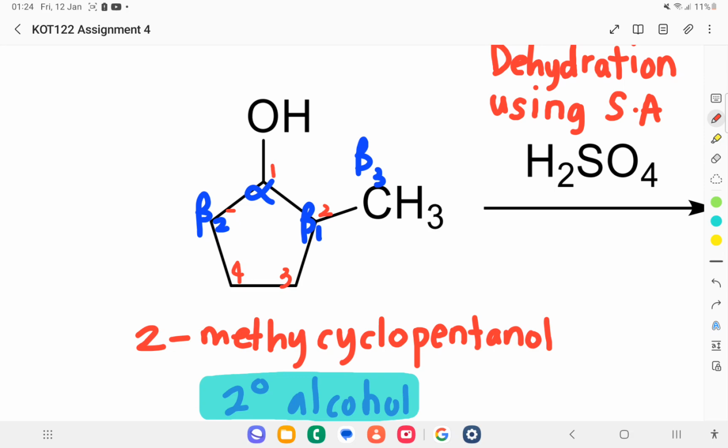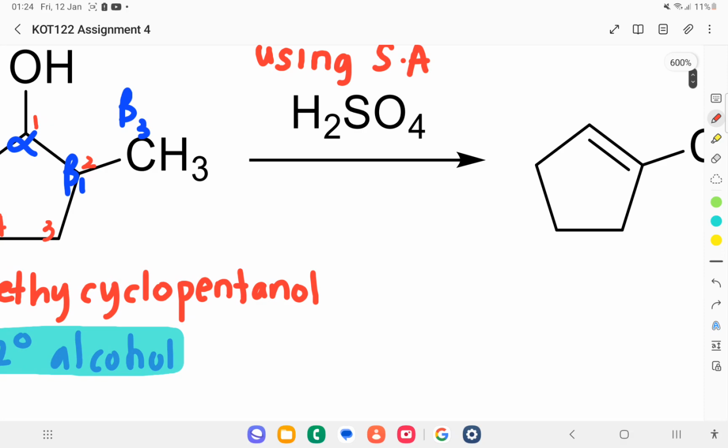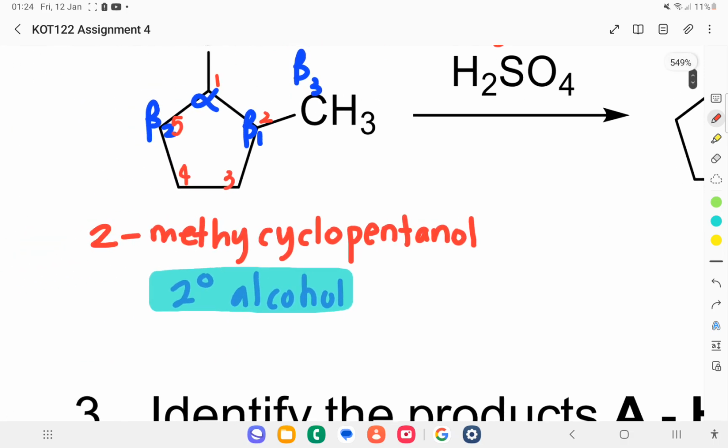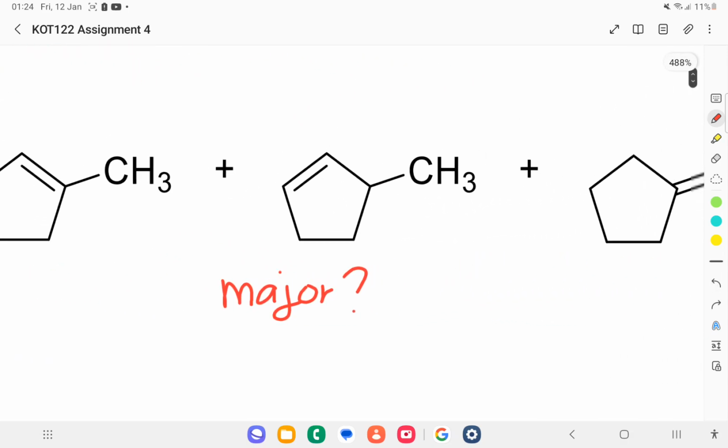Okay, after you analyze the given compound, you will also need to consider the given substrate or other reactants or starting materials. So given here is H2SO4, which is sulfuric acid, one of the strong acids. We know this is a secondary alcohol, and it will produce more than one product.